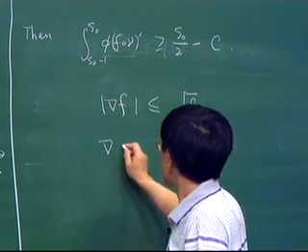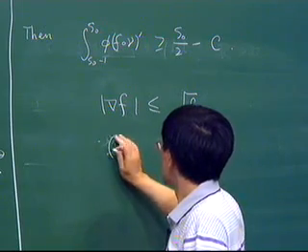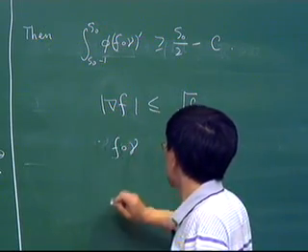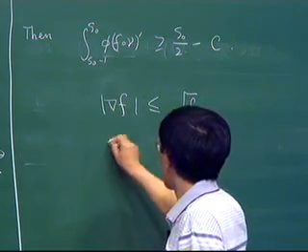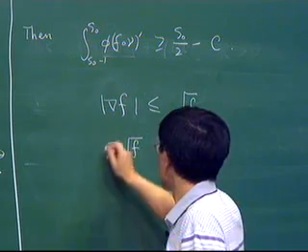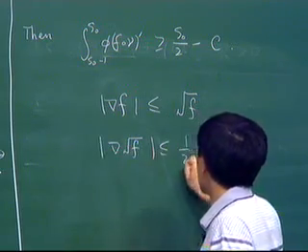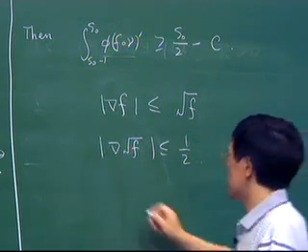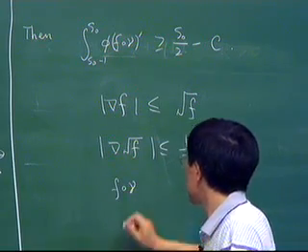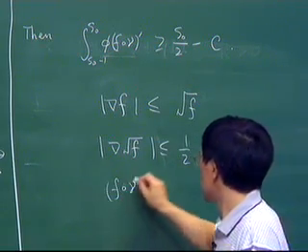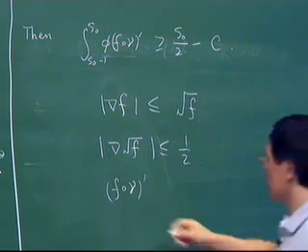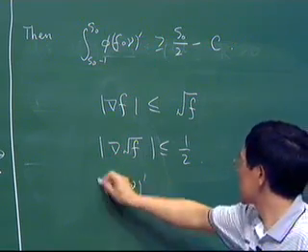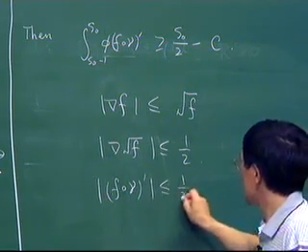So we have F. Actually, we have this gradient 1/2. So that means F applied to this one is less than or equal to 1/2.